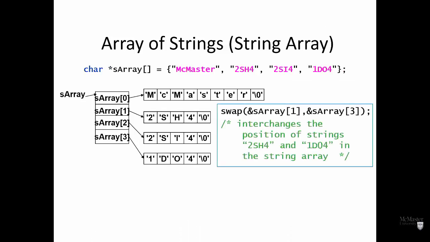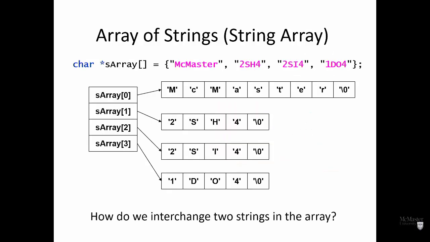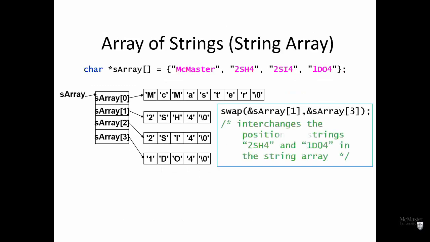So, assume this question is, how do we interchange or swap two strings in an array? How do we do this? If I'd like to swap the position of this thing and this thing, can someone mention how we do this easily using pointers? Just the logic, not the code itself. Yeah.